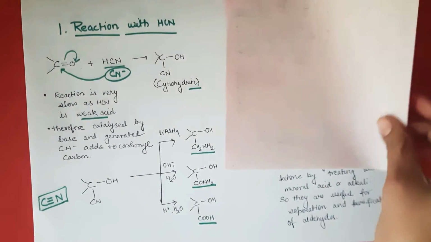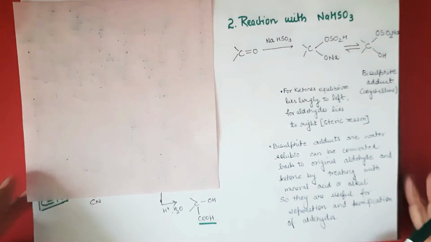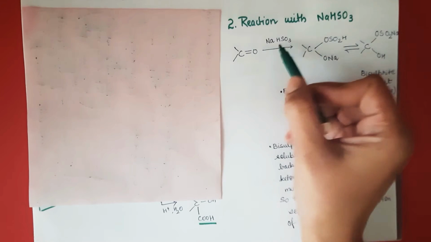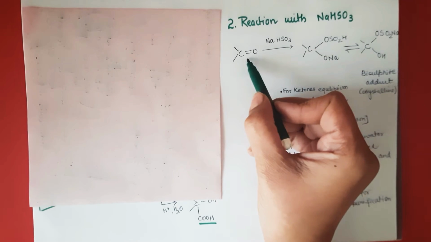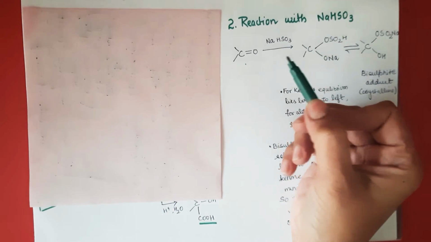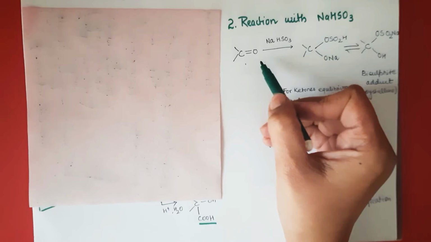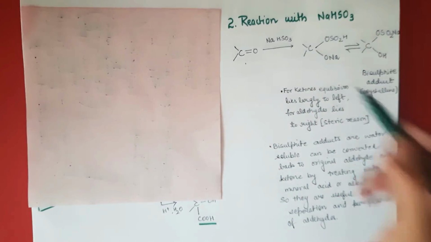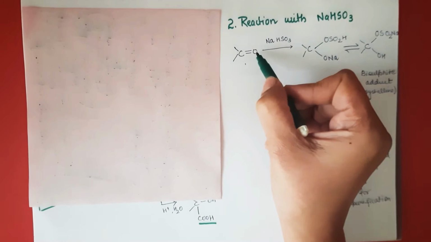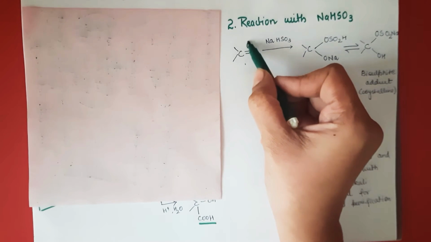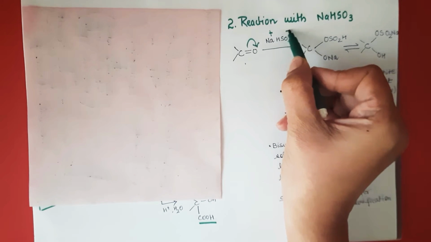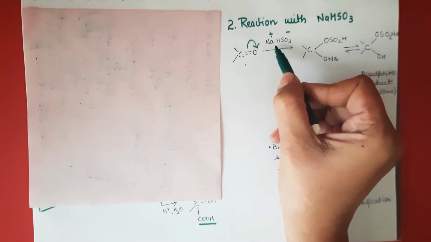That reaction is the reaction with sodium bisulfite. What's the formula of sodium bisulfite? NaHSO3. The carbonyl carbon can be either the aldehydic carbonyl carbon or the carbonyl carbon of a ketone. It forms this type of structure. Here you can see this O, because of its more negative character, attaches with the positive part of sodium bisulfite.